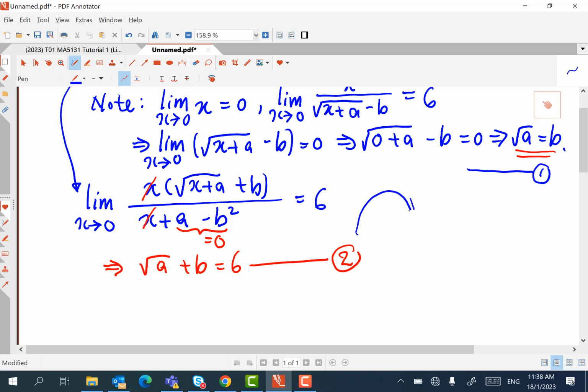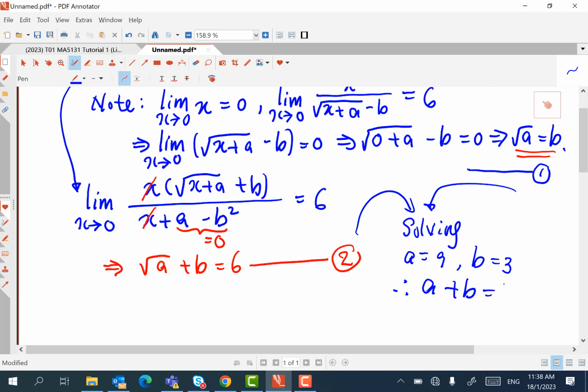So now solving these two, a equals 9, is it? And then b equals what much? 3. Therefore, a plus b is equal to 12.